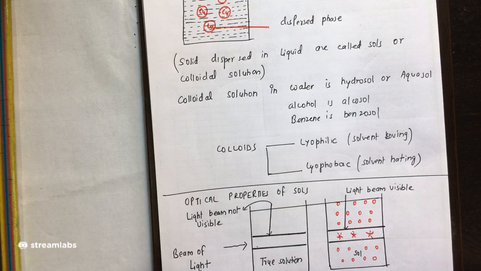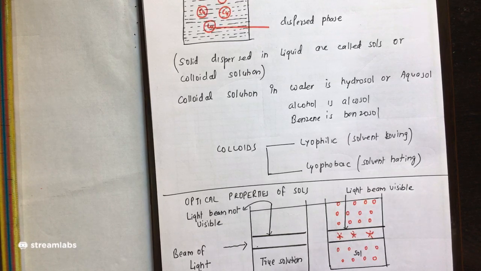Third, liquid dispersed in gas. They will ask you what is liquid dispersed in gas. That is called aerosol. Examples are fog, mist, cloud. All these are discussed in this category. If you talk about liquid in liquid, that comes under emulsions. The emulsion category includes milk and hair cream.